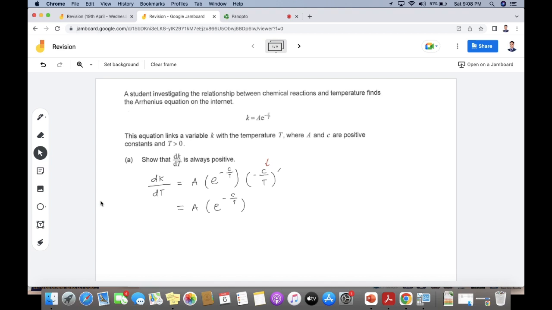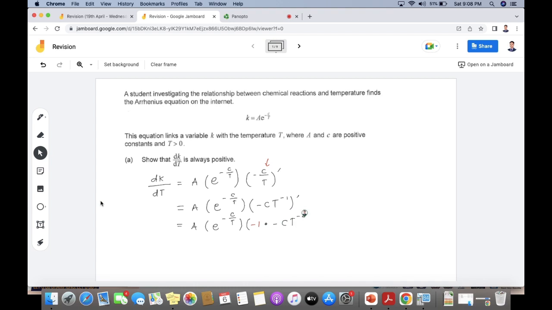So to make it easier to find the derivative, we can rewrite this as negative c times t raised to the power of negative 1, and we find the derivative of this. Applying the appropriate law for differentiation, this now becomes negative 1 multiplied with negative c times t, this time to the power of negative 2.